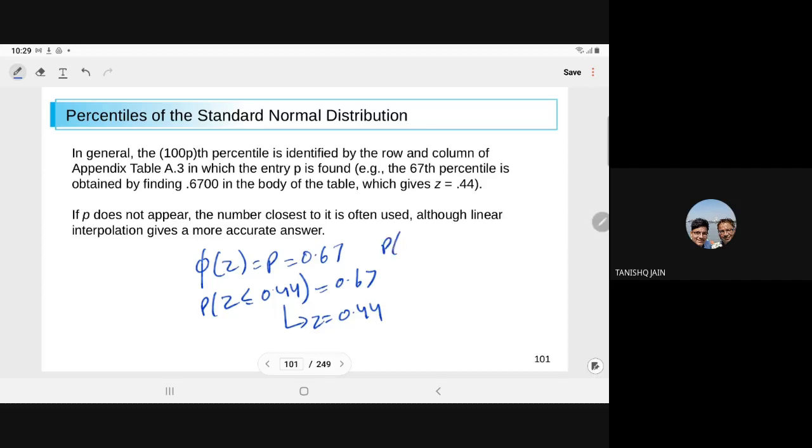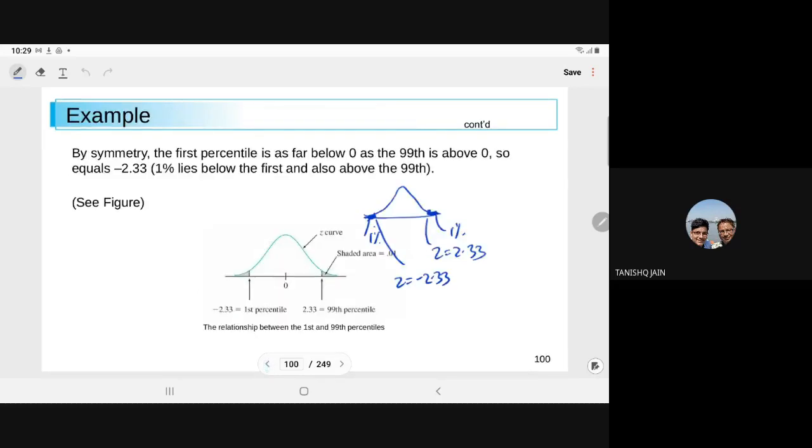It is 0.6700. And what is the value of z 2.33?